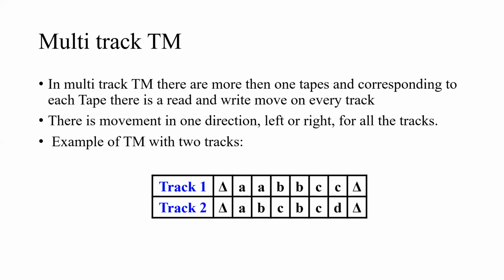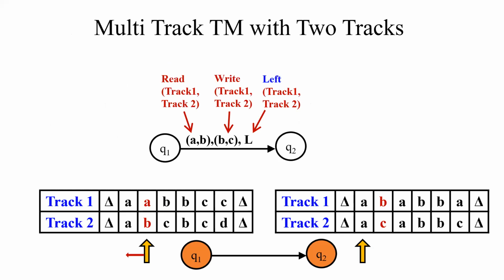Just see this example of a multi-track Turing machine. I have two tracks. This is an example of a two-track Turing machine. Fine. Just see how this will work. The input in this case will be AB, that is, read from track 1 and track 2, write BC, that means write B instead of A on track 1, write C instead of B on track 2, and then move one step left.